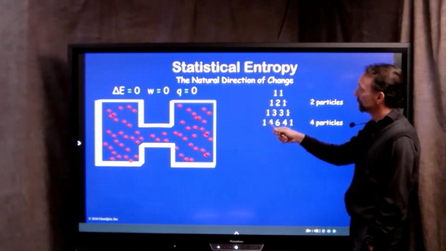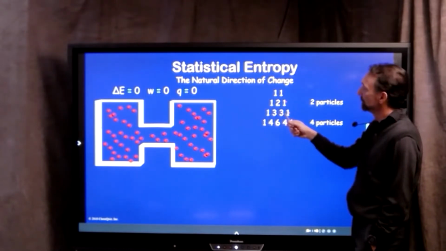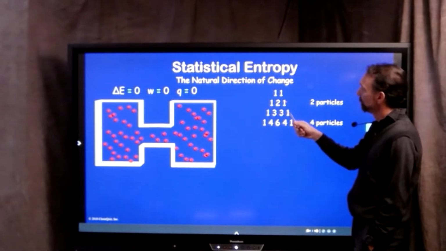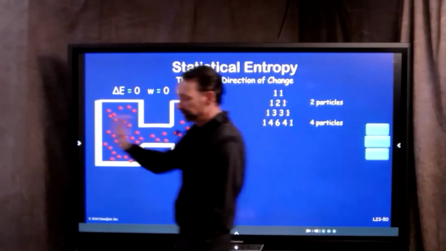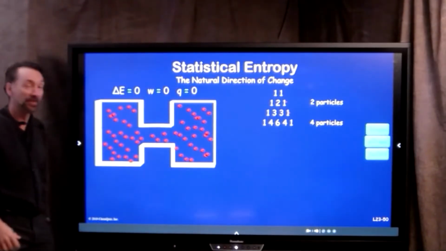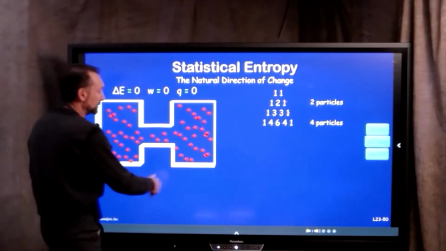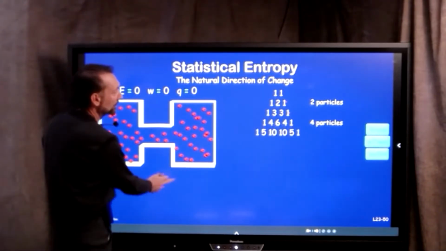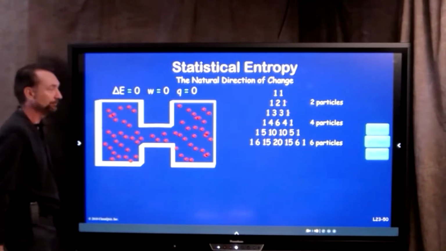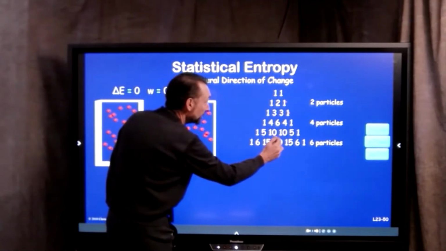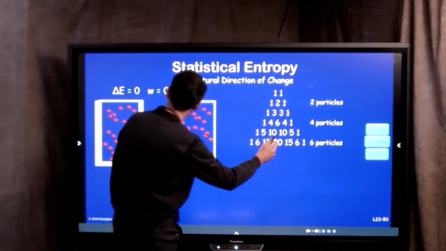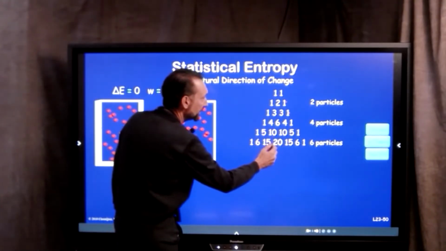To form this next row, 3 and 1, put my 1, 3 and 1 to get 4, 3 and 3 to get 6, 3 and 1 to get 4, and 1. So it's a simple process of generating this triangle. I'm going to do it for 6 particles. By the time I get to 6 particles, this guy here in the middle is what I am interested in.